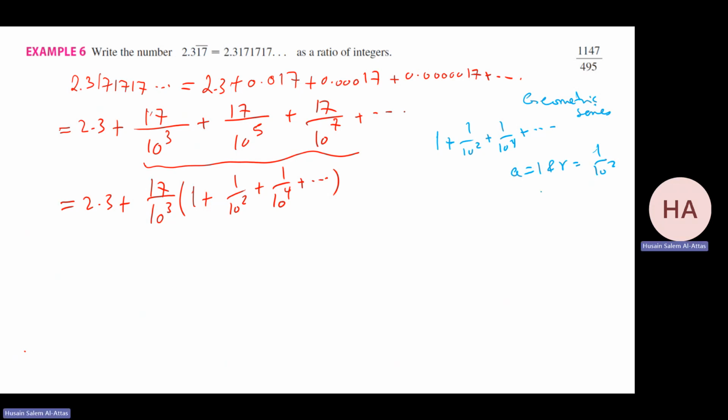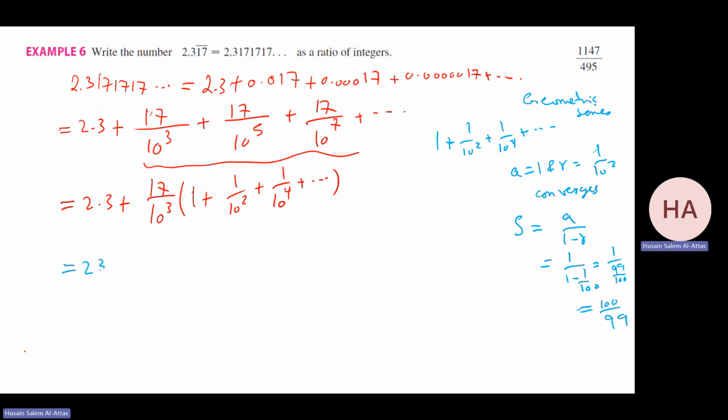So it converges. And what is the sum? It will be a over 1 minus r, which is 1 over 1 minus 1 over 100. That will be 1 over 99 over 100, and that is 100 over 99. So plug the number here.